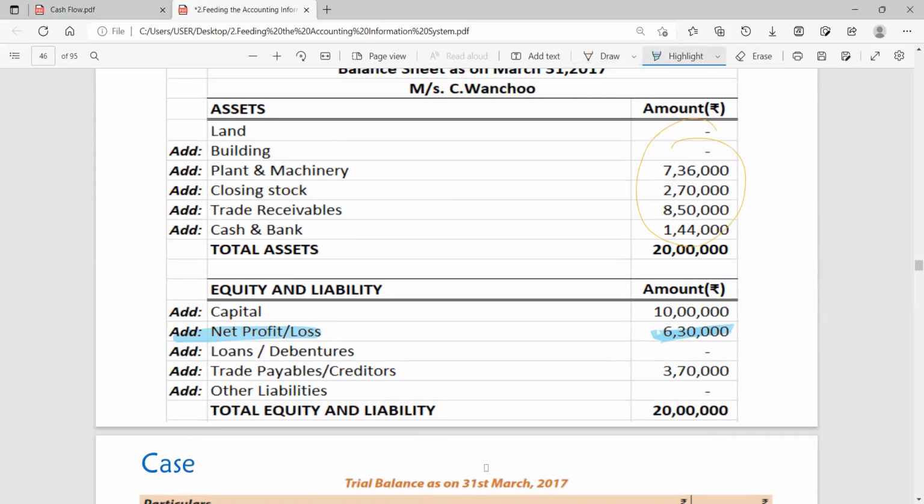Then we sum it up. We get the total of assets equal to the total of liabilities. That is the very fundamental relation, and that is also something to be taken as proof of correctness of the financial statement which we prepared. So assets equal liability plus capital. That is the equation it is satisfying.